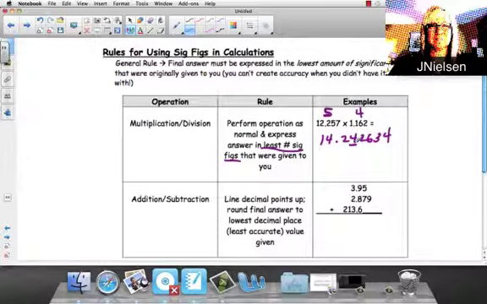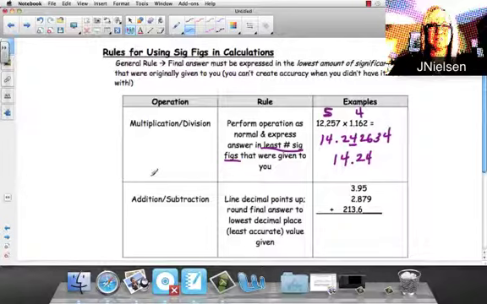What I need to remember to do is look to the right, see if this value is 5 or greater. If it is, then we would round this up. 2 is less than 5, so no rounding happens here. So my answer is 14.24. And that's my final answer. So that's multiplication and division. Do the math and express the answer in the least number of sig figs.